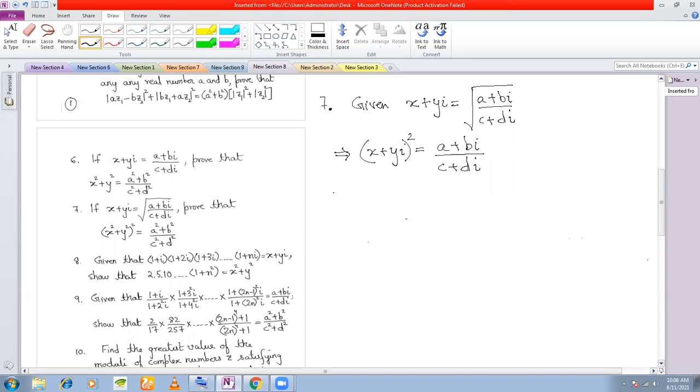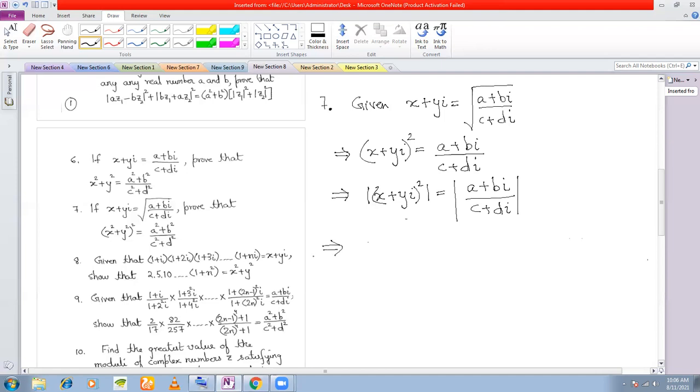Now once we have removed the radical, we take modulus on both sides. Mod of x plus yi whole square must be equal to mod of a plus bi divided by c plus di. Now this is a very important step.